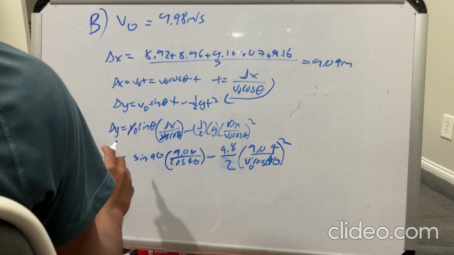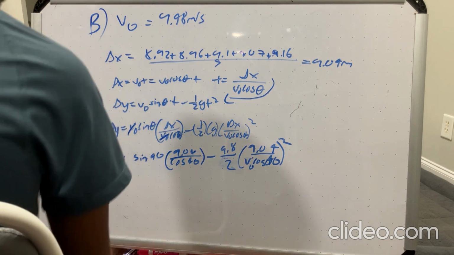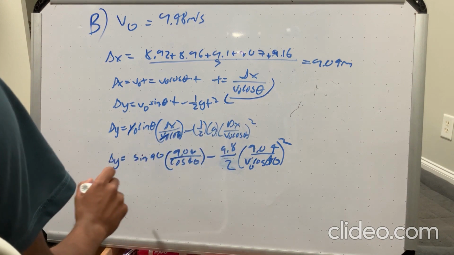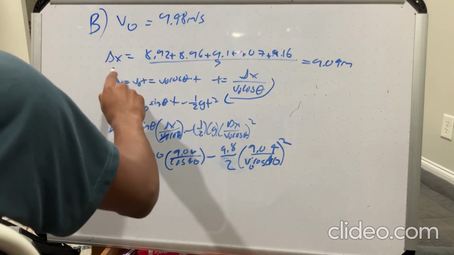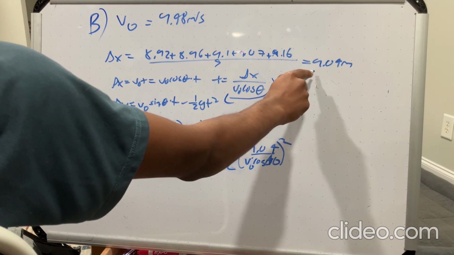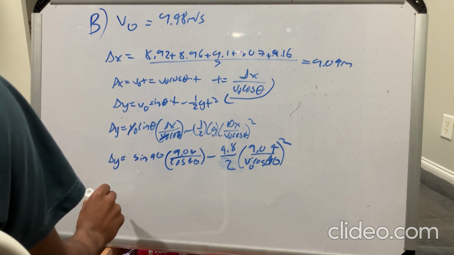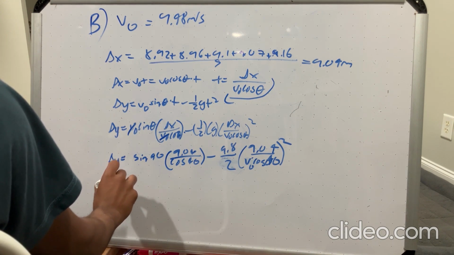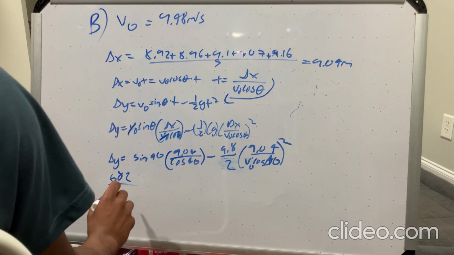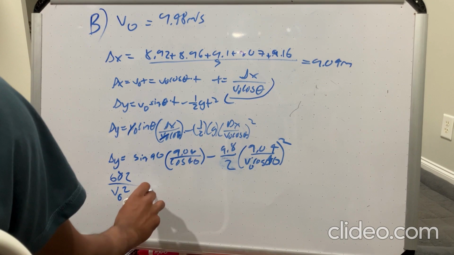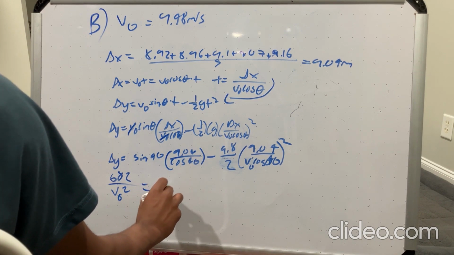Now, the beauty of this problem is that we have two unknowns, but we actually only have one unknown, because when the total distance in the x direction is traveled, y is 0. So that means this is all equal to 0. If you compute it and put v naught squared on one side, you get this equation.